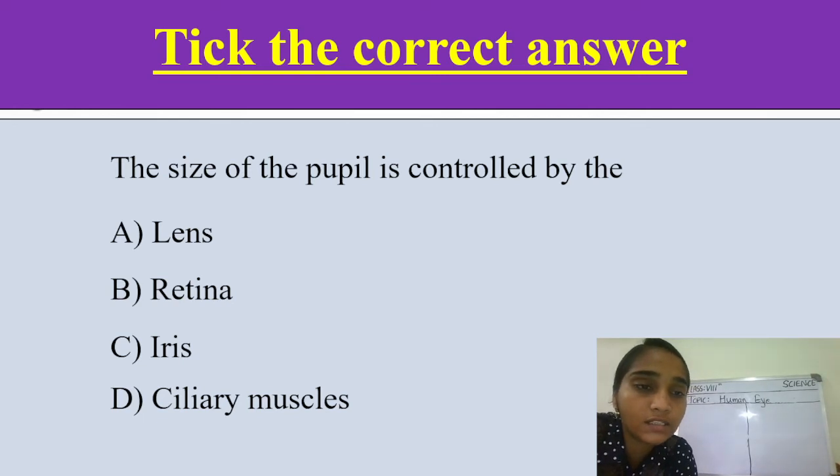So students, stick the correct answer: the size of the pupil is controlled by the lens, retina, iris or ciliary muscles. Yes, in the chat box you can write your answers.